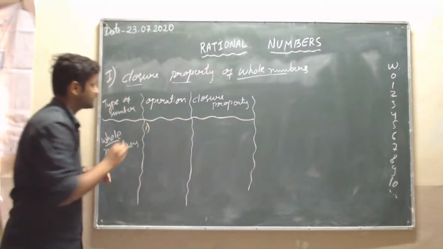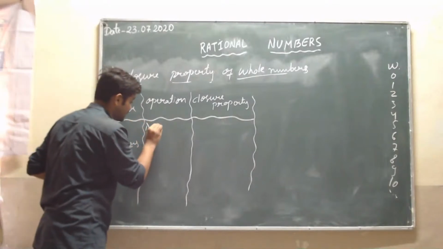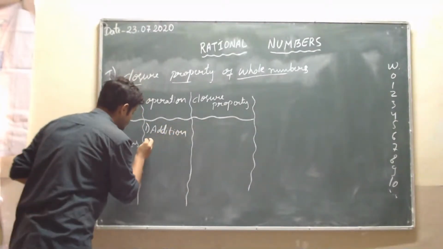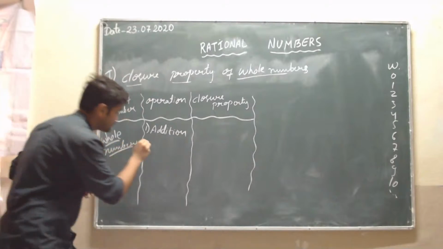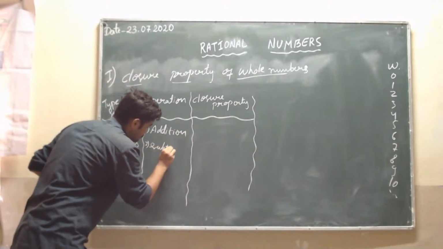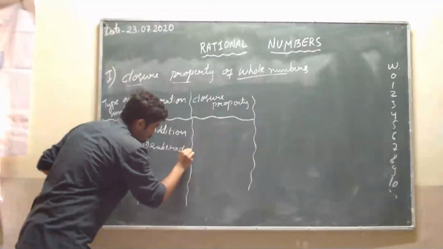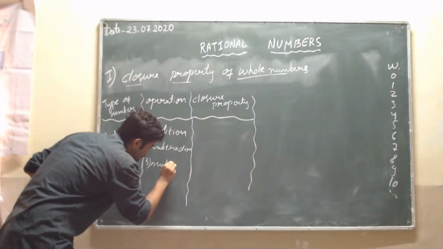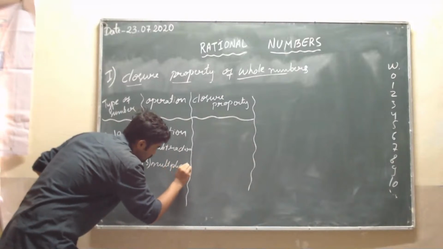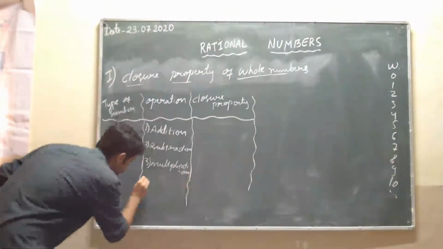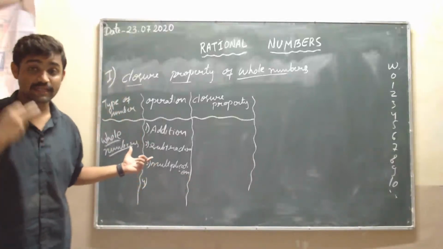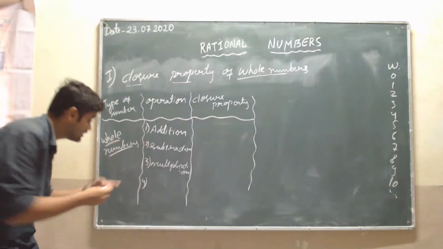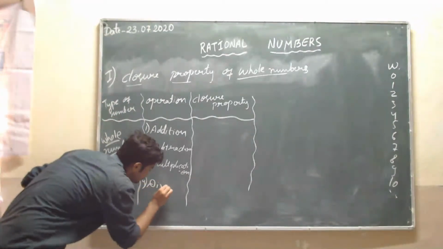First one, operation in mathematics. That is addition. Then second one, subtraction. Third one, multiplication. And last one is division.